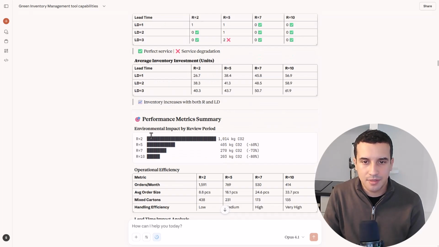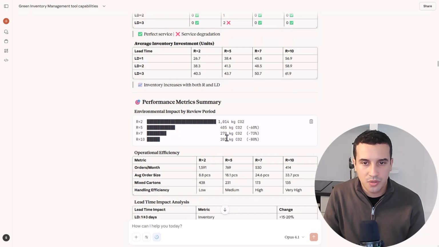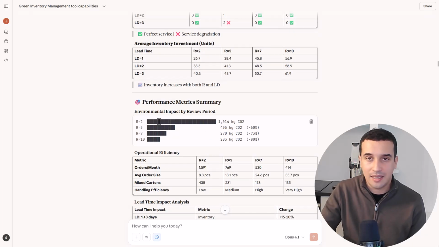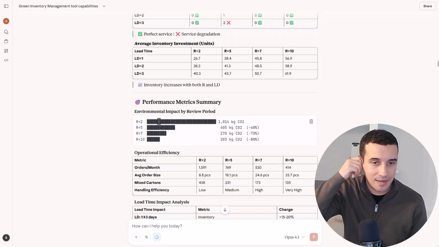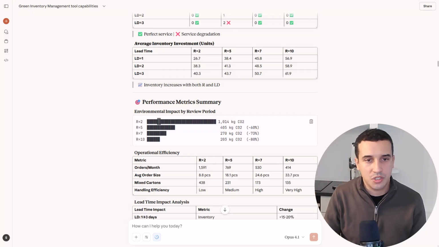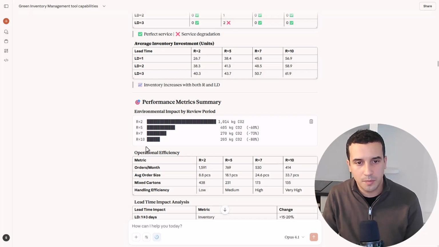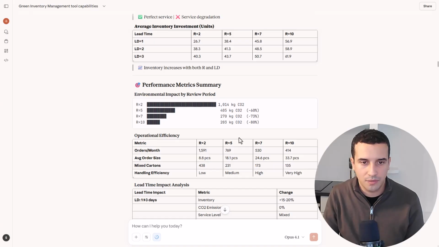And then some metrics in terms of CO2 emissions. What you could see is that whatever the impact of the lead time, you have the same trend, which means that when the review period is increasing, you have a reduction of the CO2 emissions.